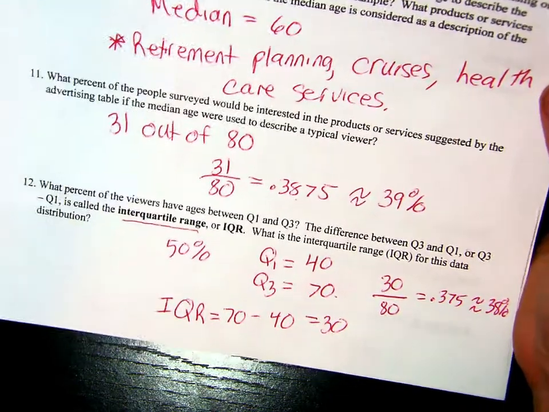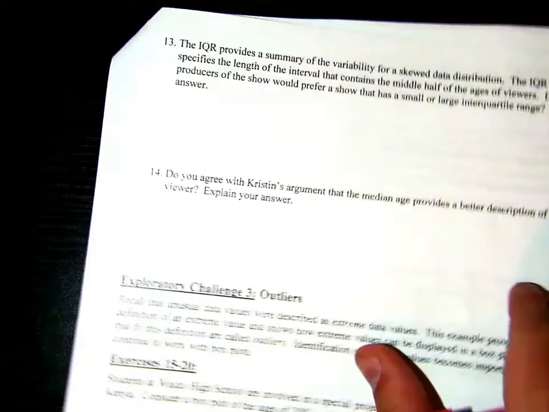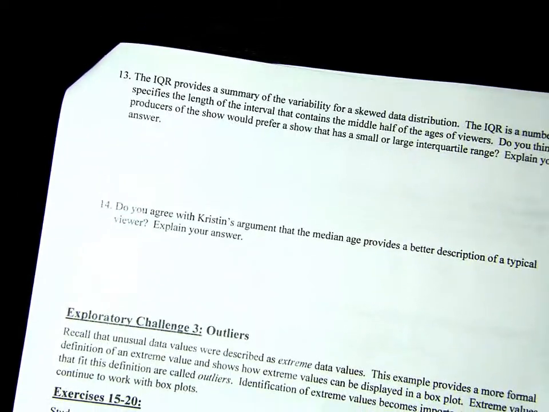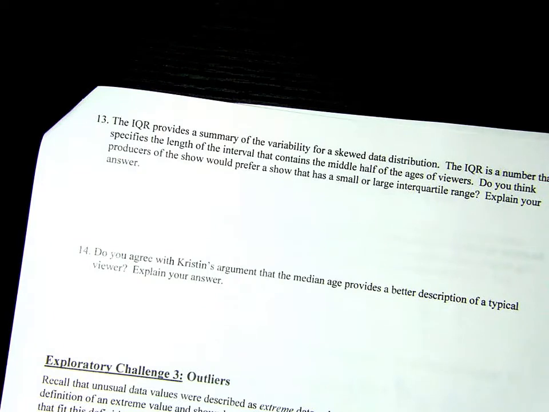Okay, so let's move on. For number 13, the interquartile range provides a summary of the variability for a skewed distribution. The interquartile range is a number that specifies the length of the interval that contains the middle half of the ages of viewers.